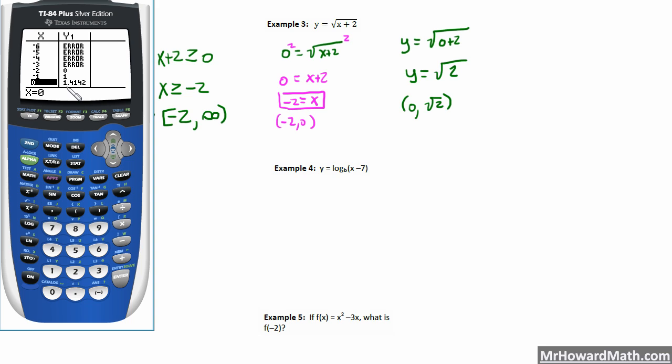Quickly here, I did pull up the table so we can see when x is 0, we're at 1.4142, and if we go over to our home screen and put in the square root of 2, we can see that that's approximately that value right there. Okay, so I just wanted to show you that you can still check that with your calculator. Alright, let's move on to example 4.